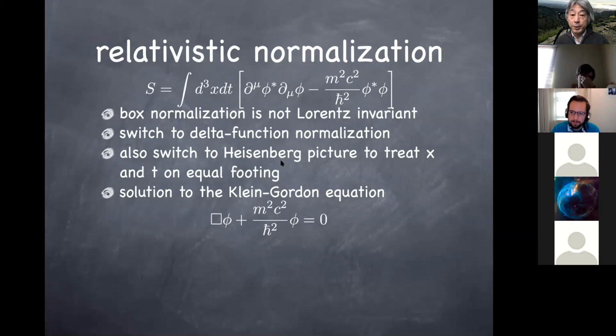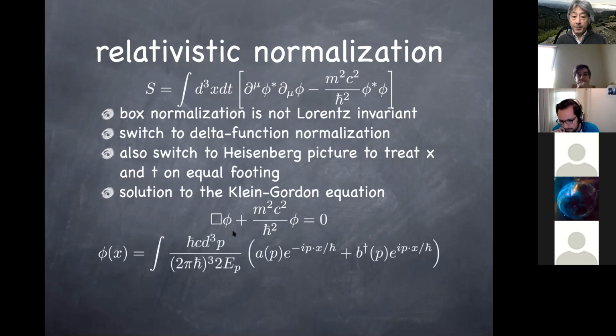Once you switch to the Heisenberg picture, phi does depend on time, so phi itself now satisfies the Klein-Gordon equation as its Heisenberg equation of motion. Just like in a harmonic oscillator in quantum mechanics, in the Heisenberg picture the position operator x satisfies the Heisenberg equation of motion x double dot plus omega squared x is 0. So this is the analog of that.